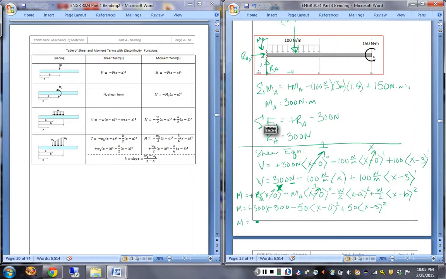Simplifying yet again, 300x minus 300 minus 50 x squared plus 50 times the discontinuity term, x minus 3 squared.